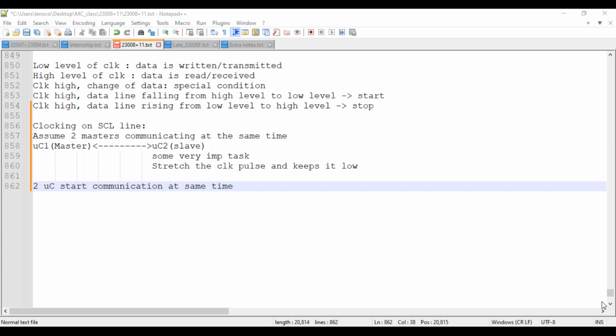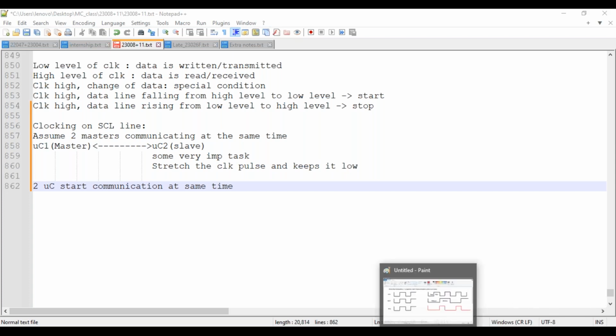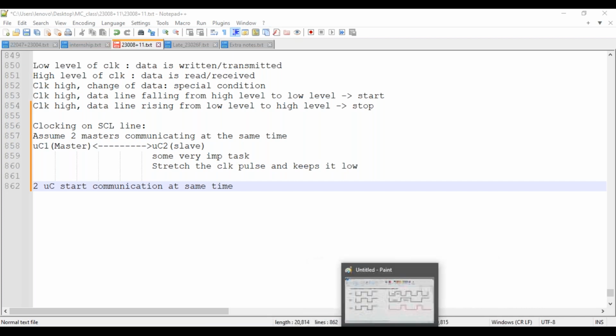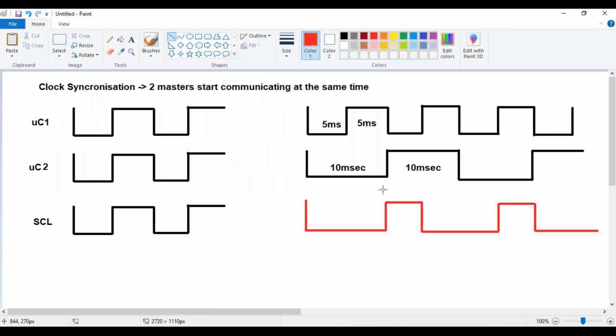No, ma'am, in Paint, I think it should shift to right by 5 milliseconds. Sorry, 1 second. I didn't get your doubt. Chaitanya? Where should it shift?